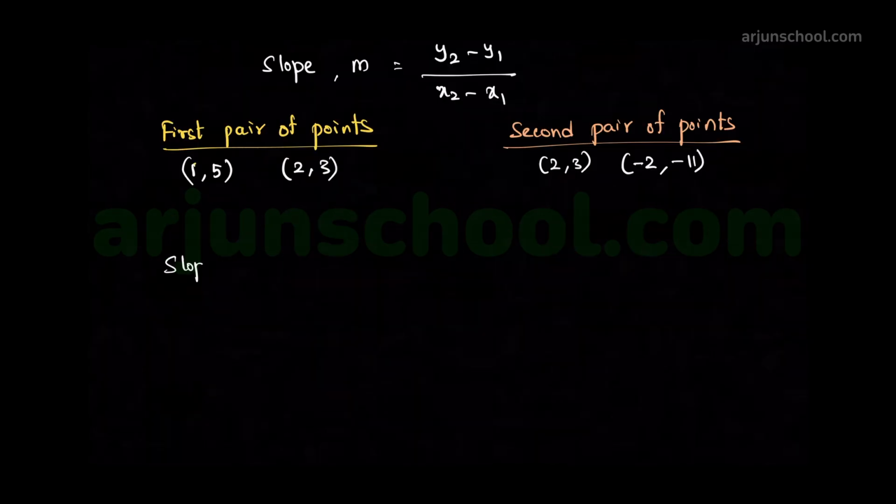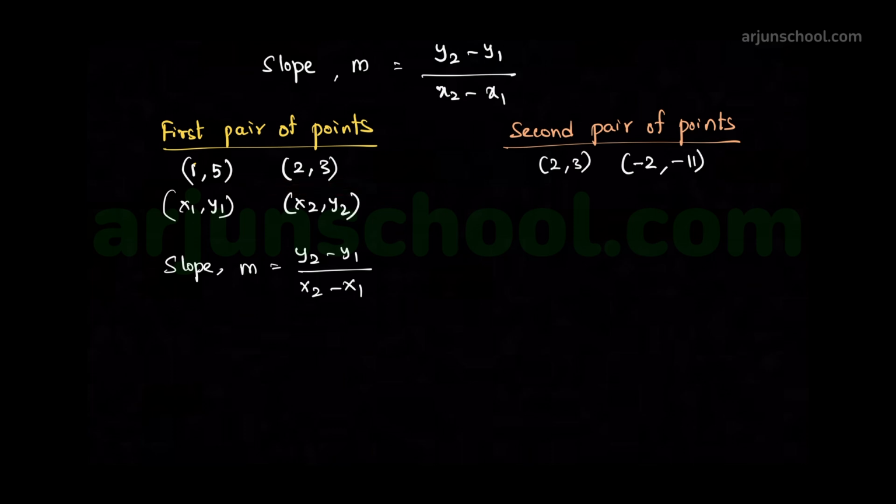The slope formula is m = (y2 - y1) / (x2 - x1). Here we are given (x1, y1) = (1, 5) and (x2, y2) = (2, 3).